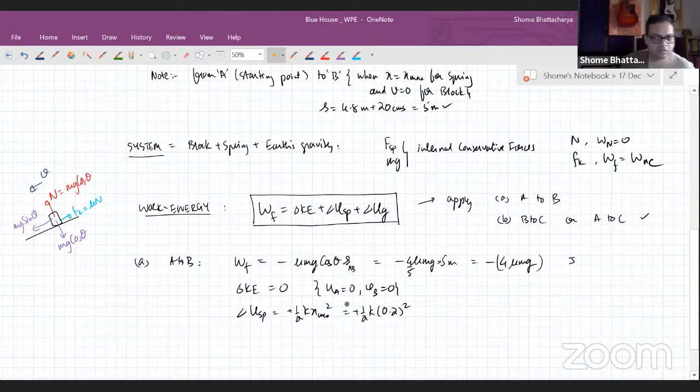Okay. And change in gravitational potential energy is minus mg h1. So that is minus mg into 3 meters.